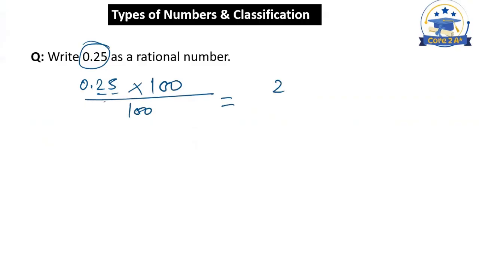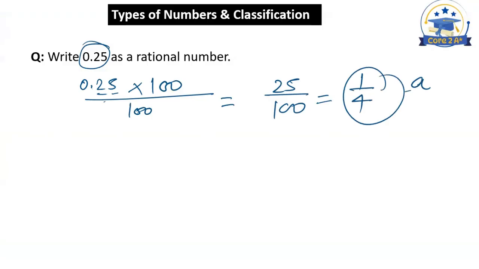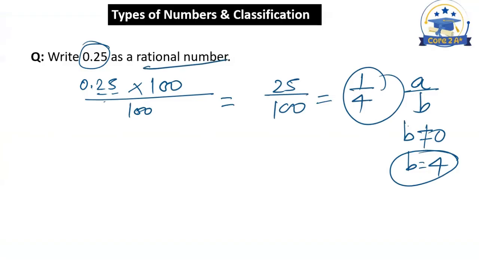So it gives us 25/100. And after simplification, we can get 1/4. So yes, it is in A over B form, and here B is not equal to 0. Here B is 4, right? So yes, we can write it as a rational number.